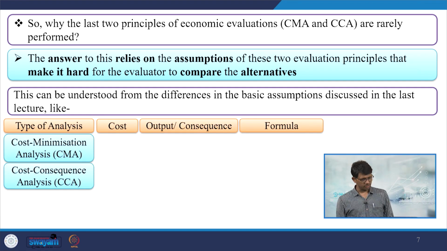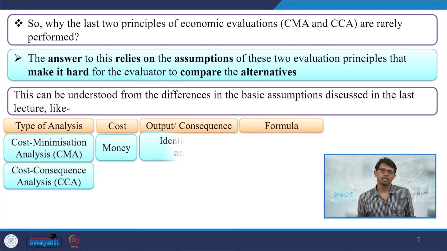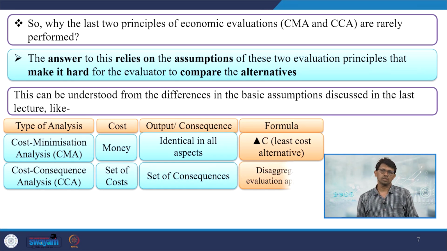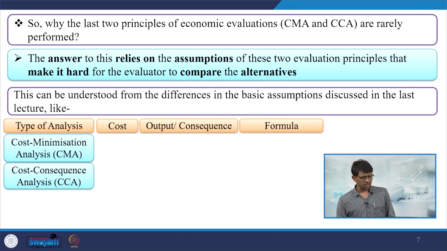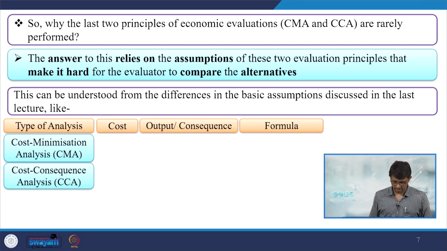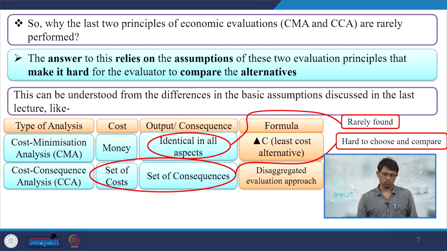This can be understood from the differences in the basic assumptions discussed in the last lecture, in terms of their cost, output or consequences, and by their formula. You can see these 2 methods, CMA and CCA, have a problem in terms of cost and output.